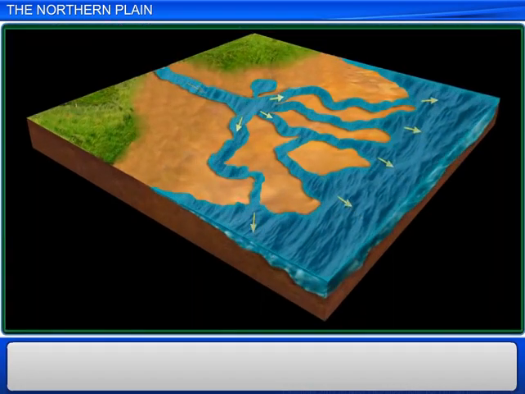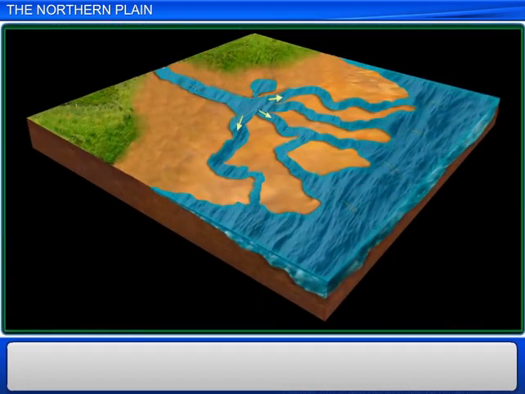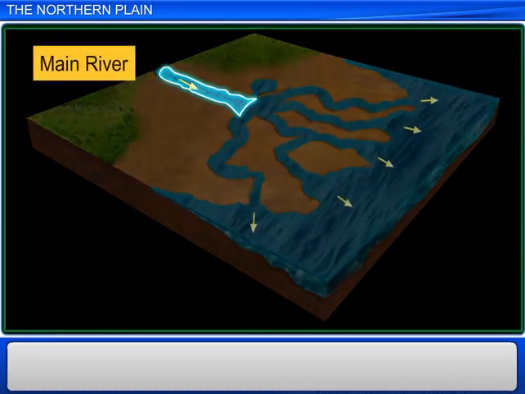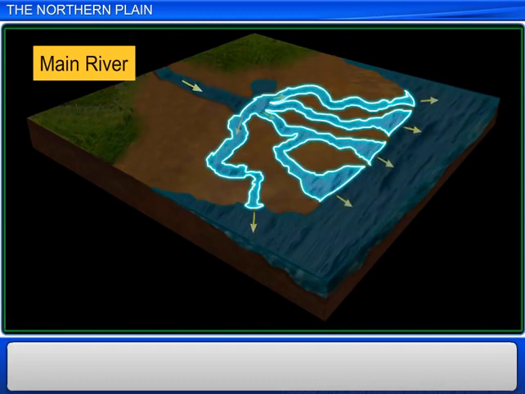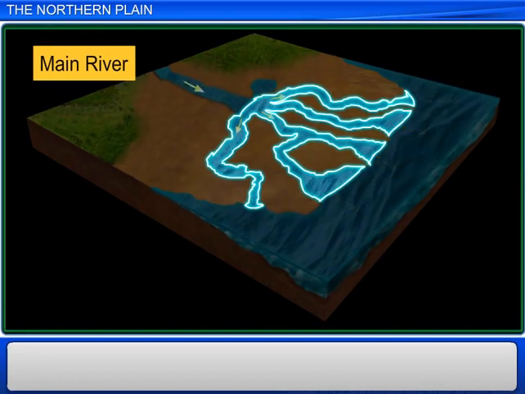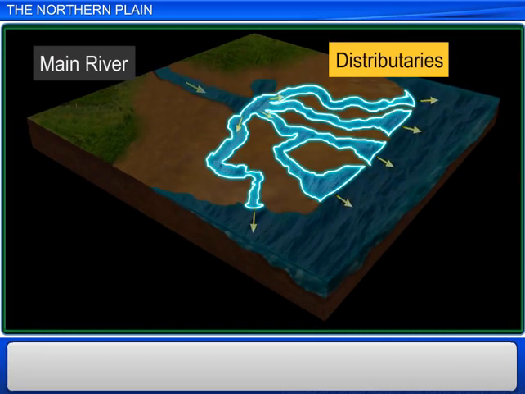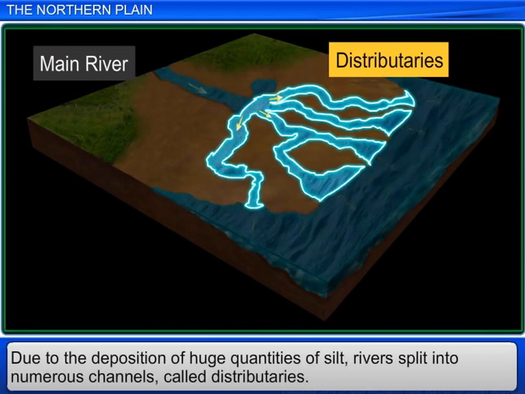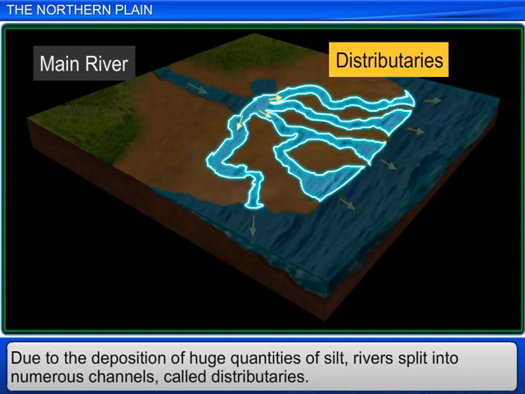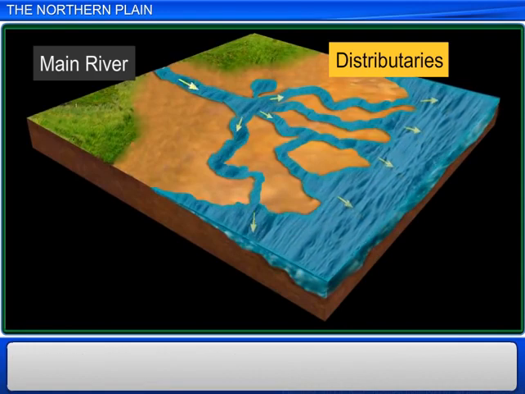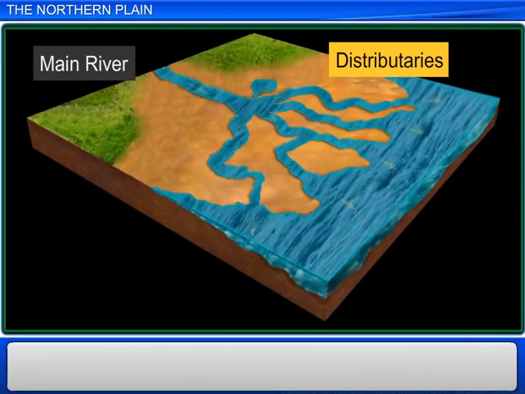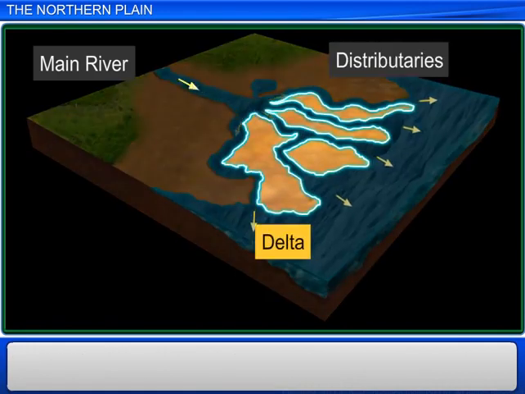Due to the deposition of huge quantities of silt, these rivers split into numerous channels. These channels are called distributaries. The sediments from the mouths of all the distributaries collect to form a delta.